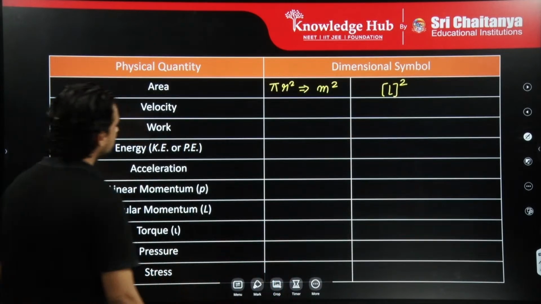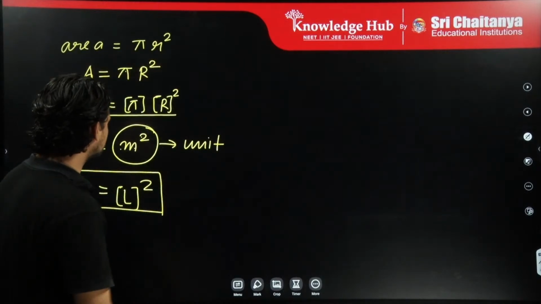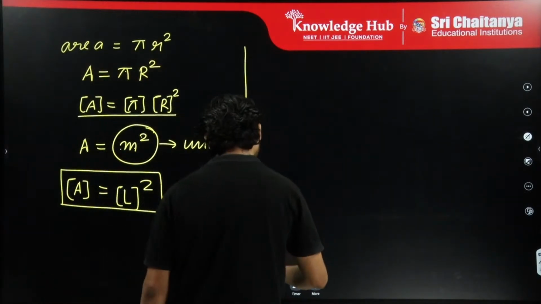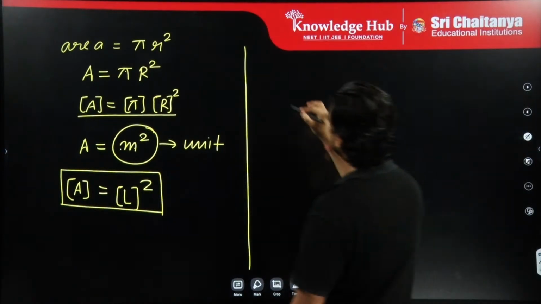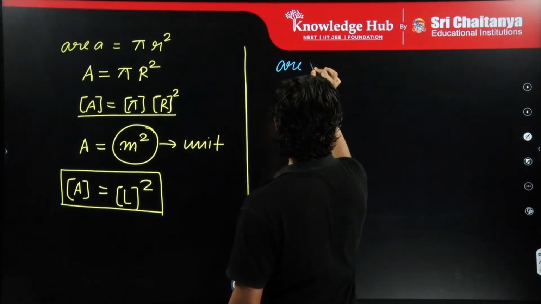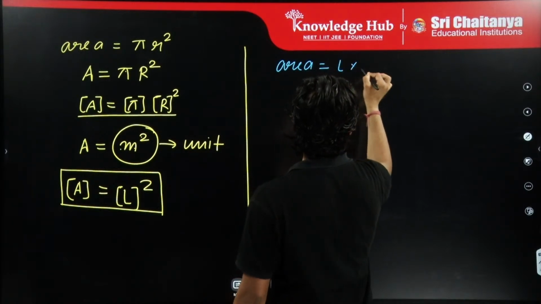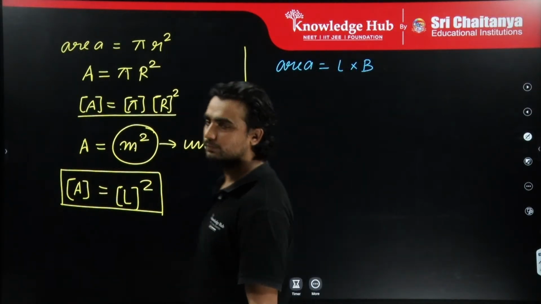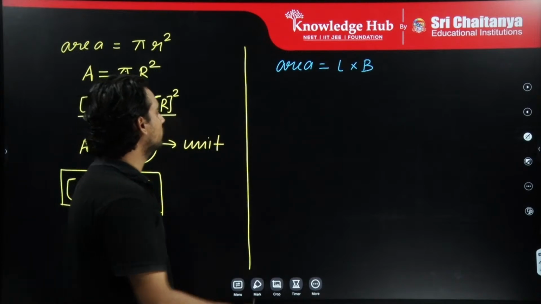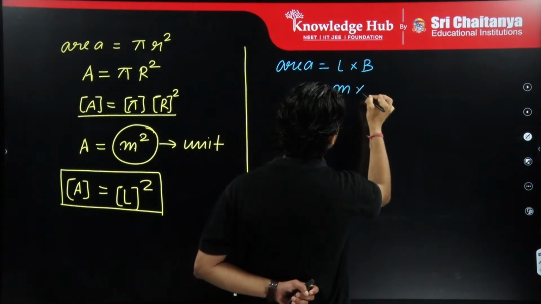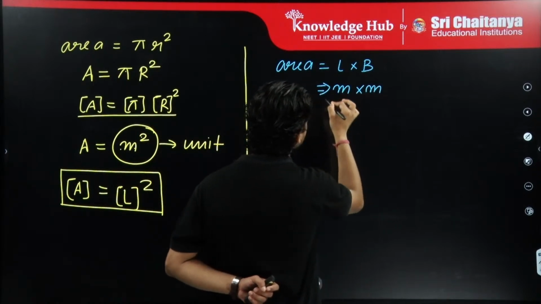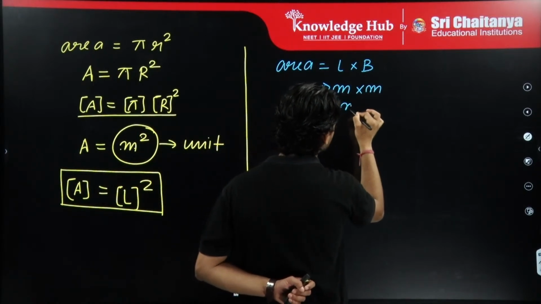Now you might say, sir, I chose some other formula. Let's say someone used the formula for area as length into breadth, the area of a rectangle. Length is measured in meters and breadth is also measured in meters, so units will become meter square.